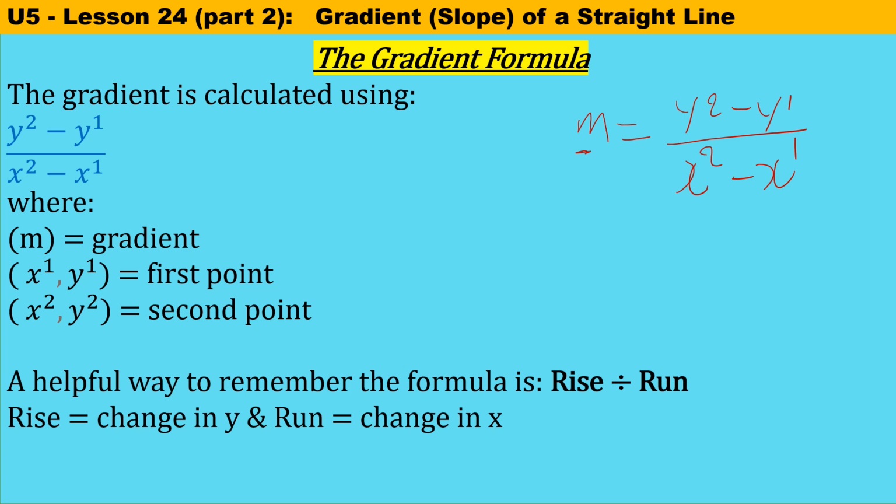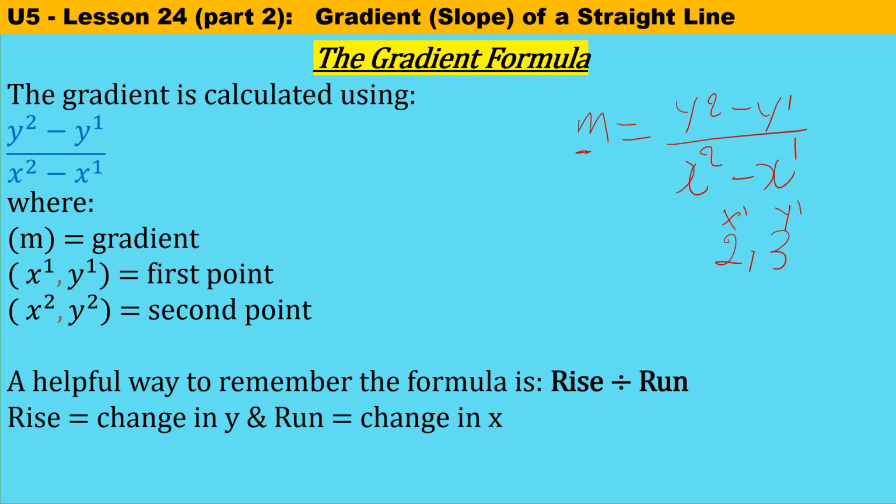You are given 2 points, and we know that each point or each coordinate has 2 digits. So if you're given 2, 3, you know that this is your x and this is your y. So for your first point, the x digit is your x1 and the y digit is your y1.